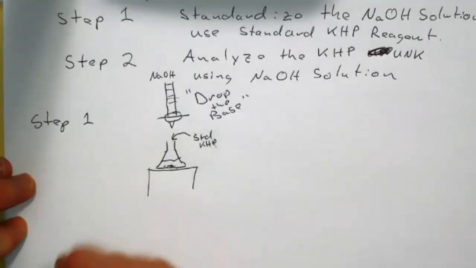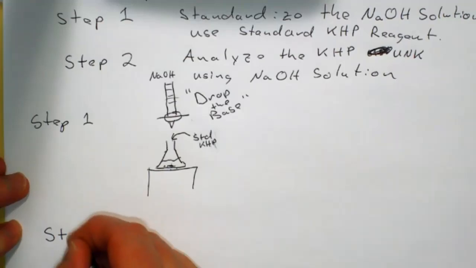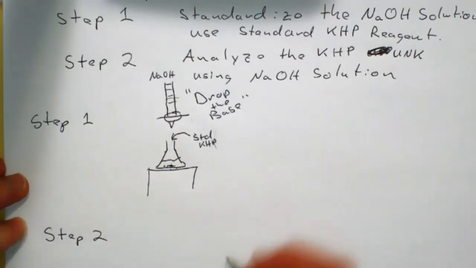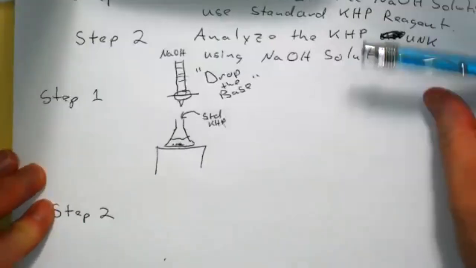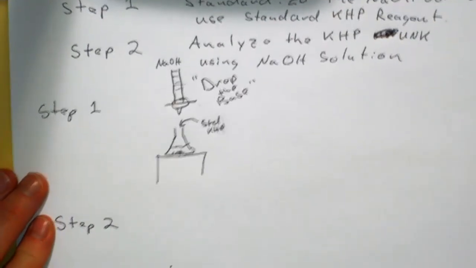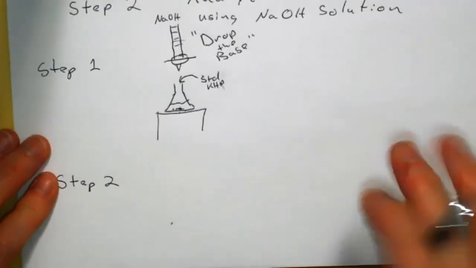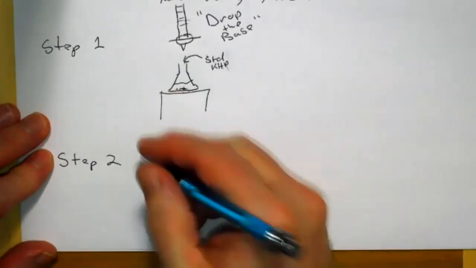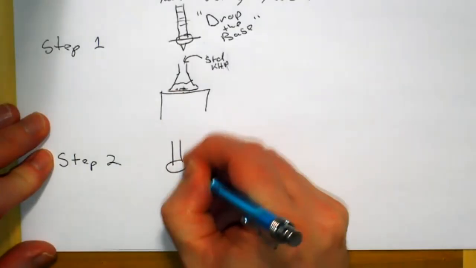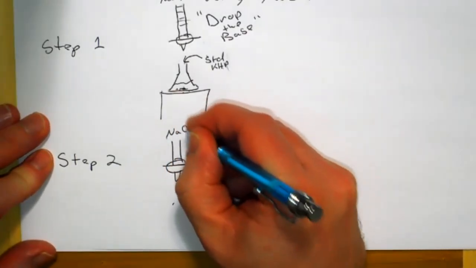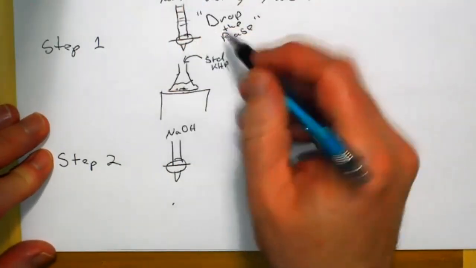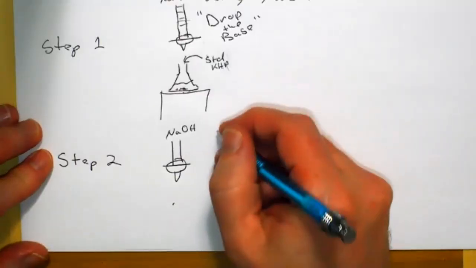Okay, step 2 looks the same, so it's a little confusing. I got to move my camera. Step 2, same sodium hydroxide. But using the information from step 1, we know its molarity.